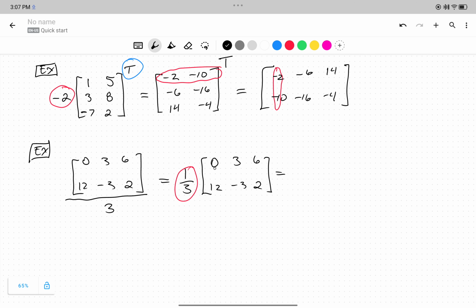So if you think of division, 0 divided by 3 is 0. 3 divided by 3 is 1. 6 divided by 3 is 2. 12 divided by 3 is 4. -3 divided by 3 is -1. 2 divided by 3, it doesn't reduce, it's actually a fraction, 2/3. And yep, totally possible.